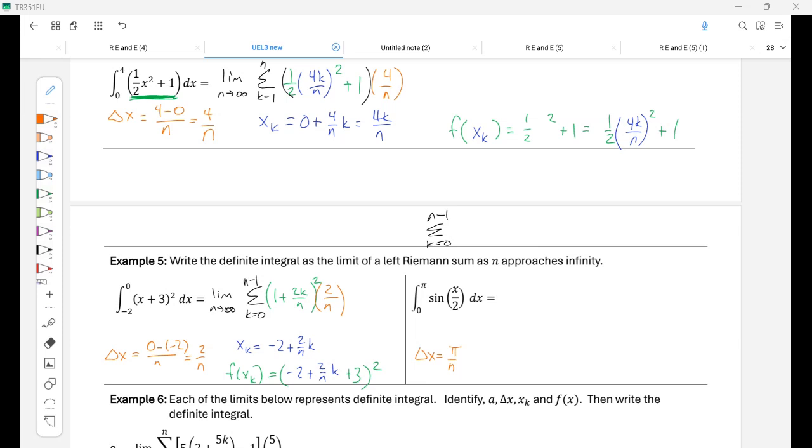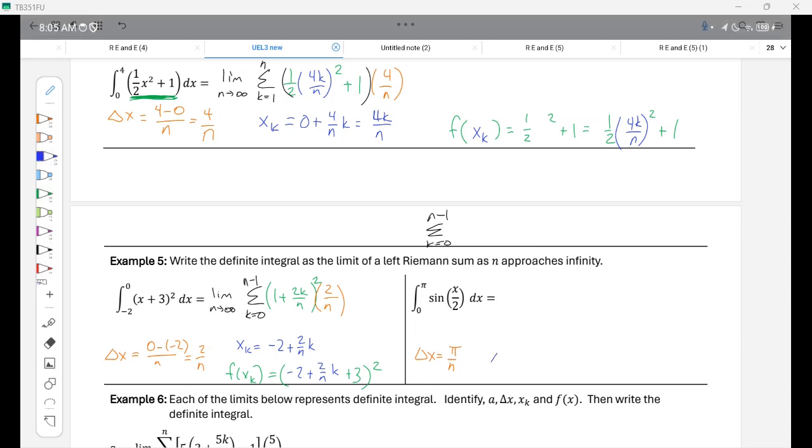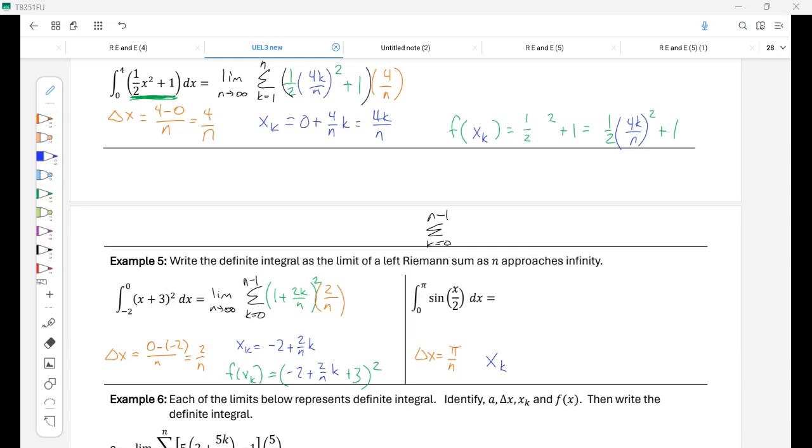Because our a equals 0, our xk is easy. Whenever your lower limit is 0, your xk is just one term, and that's pi k over n or pi over n times k, however you chose to write it. Both of those are fine.